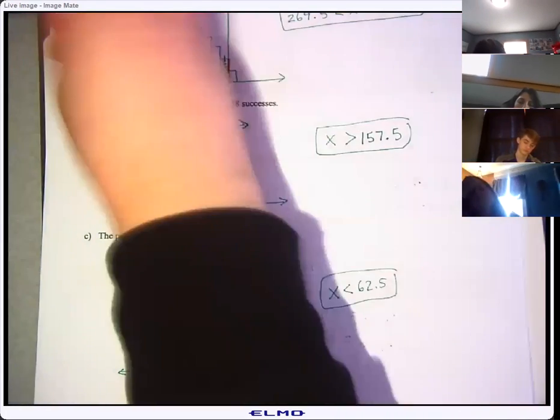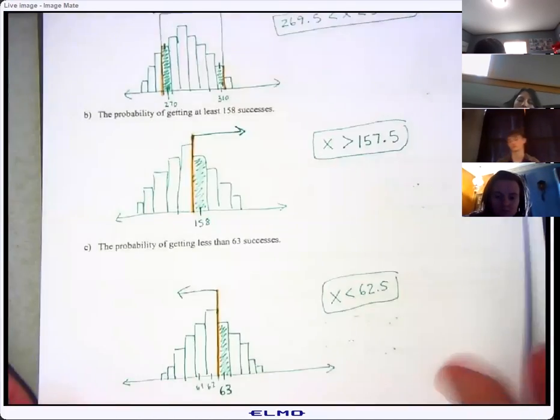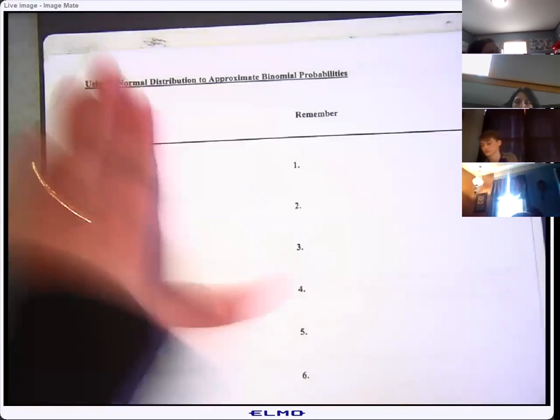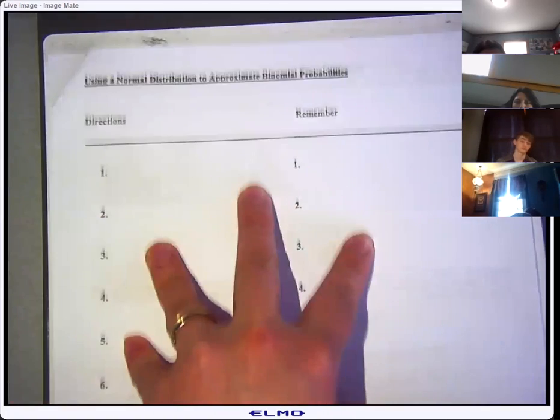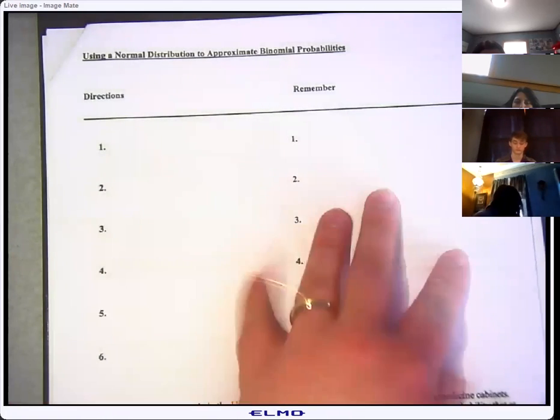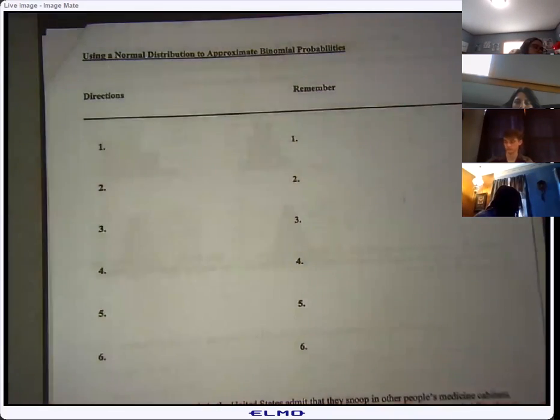All right. Now I'm going to show you how to do this using a normal distribution to approximate a binomial. We're going to start doing this a lot. I don't think I've done this technique with you before, where I have two columns like this. We'll do this a lot because I think it will really help you.